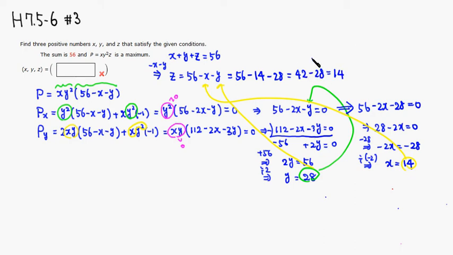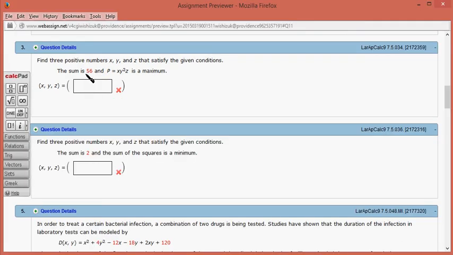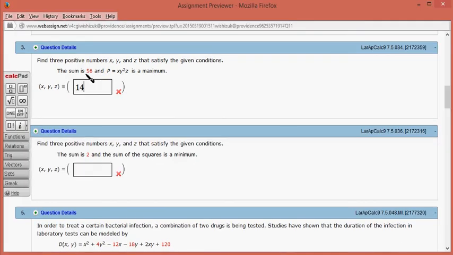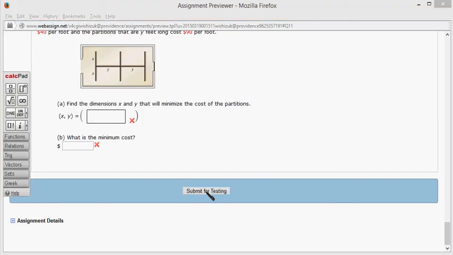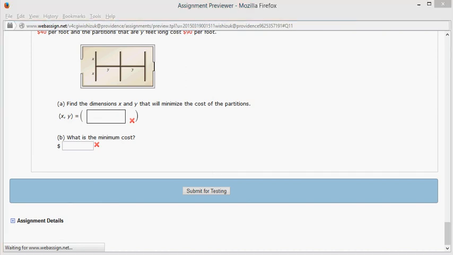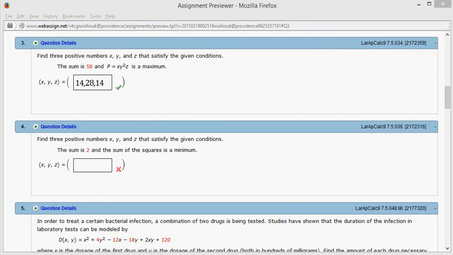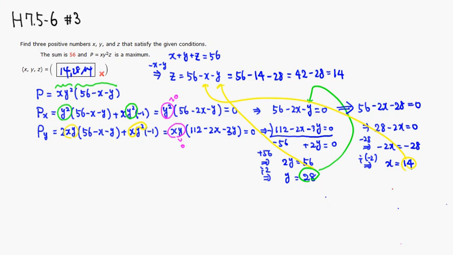So z is 14, so it's 14, 28, 14. Let's type it in: 14, comma, 28, comma, 14. Let's submit for testing. It came back and looks like we got this one correctly. That's it. I hope that this was clear.